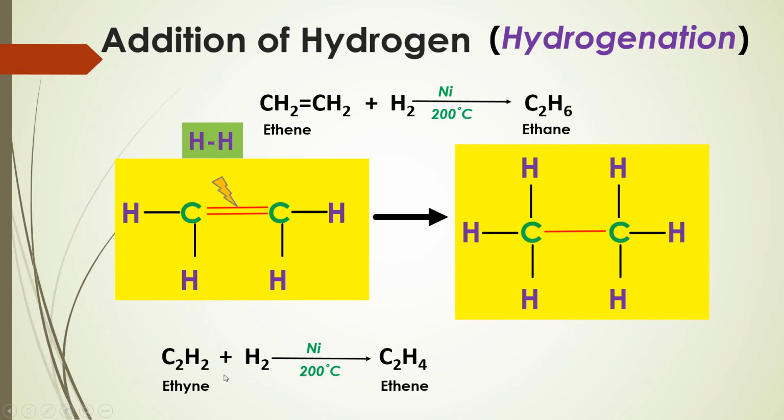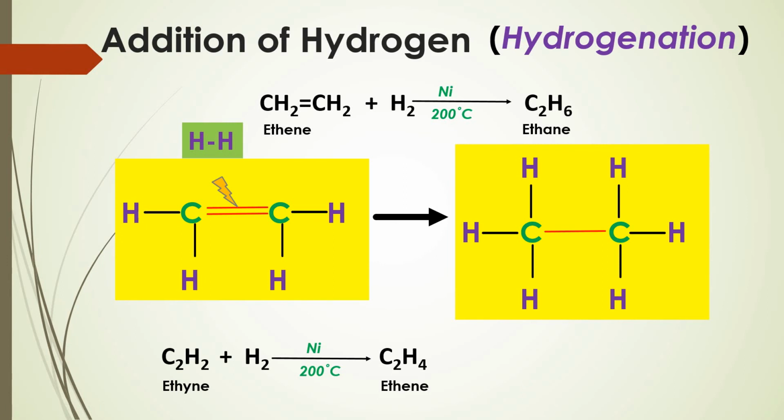In the same way, we can carry out the addition of hydrogen to ethyne. When we add hydrogen in presence of nickel as a catalyst at around 200 degrees Celsius, in the first stage, one of the three bonds gets broken and two hydrogen atoms get attached. So ethyne will be converted to ethene first, because in this compound there is still a double bond present.